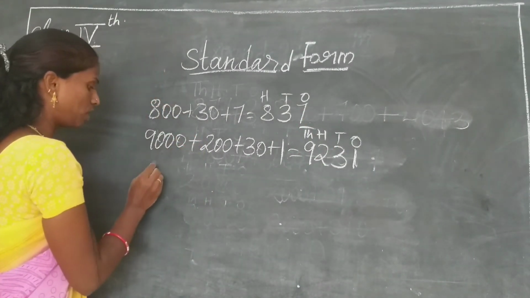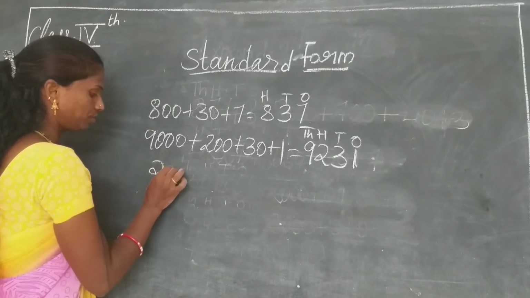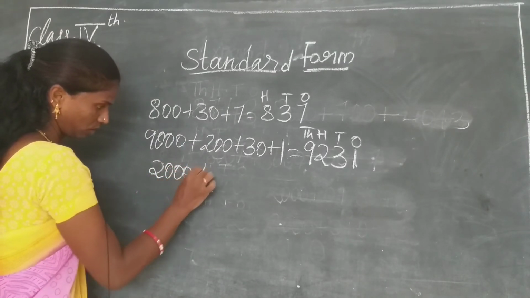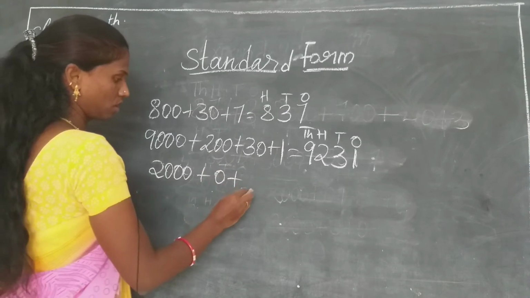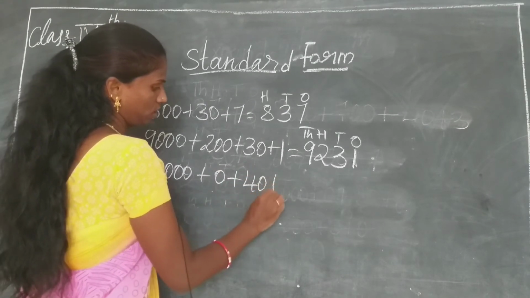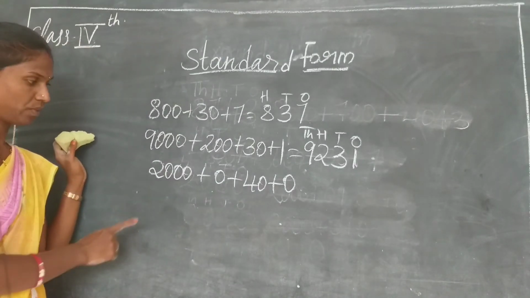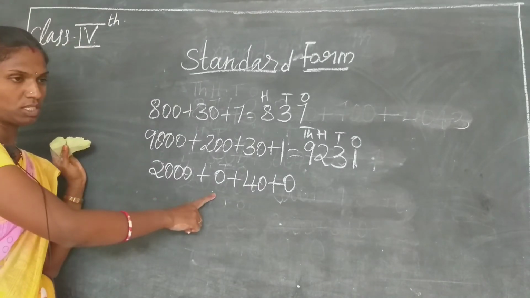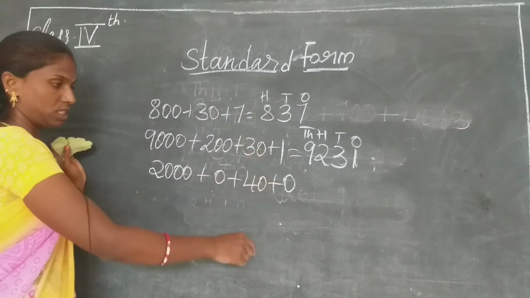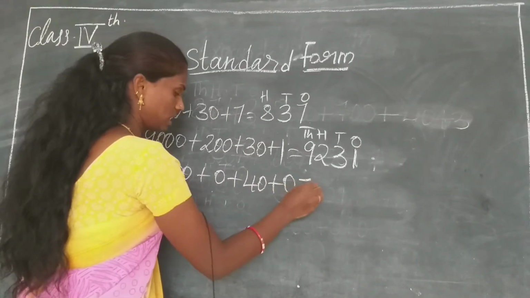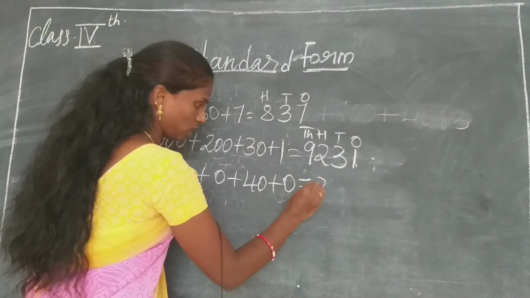Now we will take one more number. 2000 plus 0 plus 40 plus 0. So how to write this number? Here 2000 is there, plus 0 is there, plus 40 is there, plus 0 is there. Now we will write as it is. First we have to write 2000.